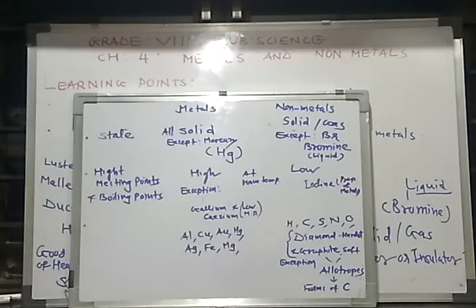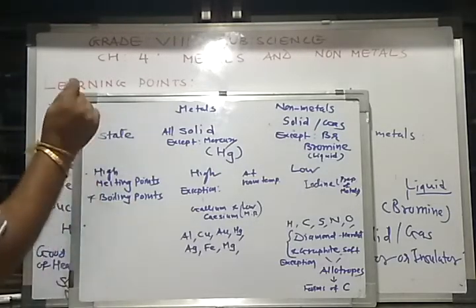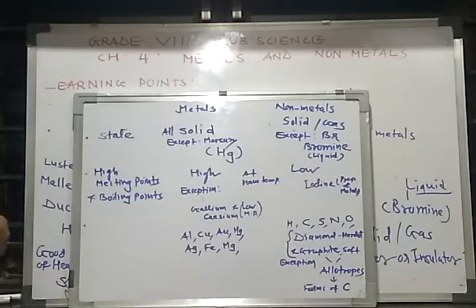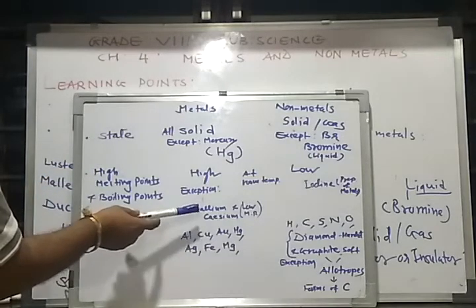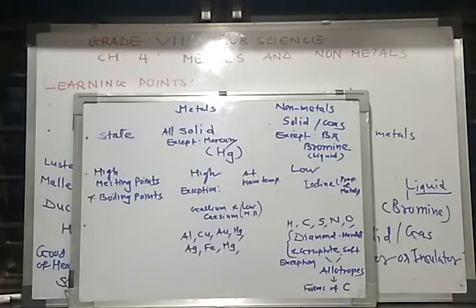Now, all metals have high melting points and boiling points. Here also there are exceptions: gallium and cesium metals have low melting points.